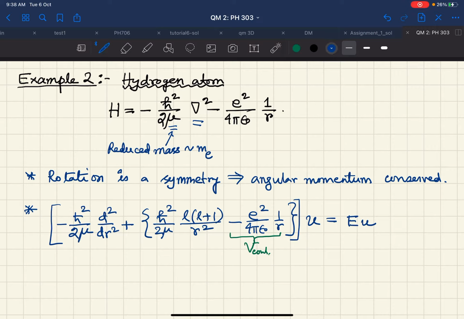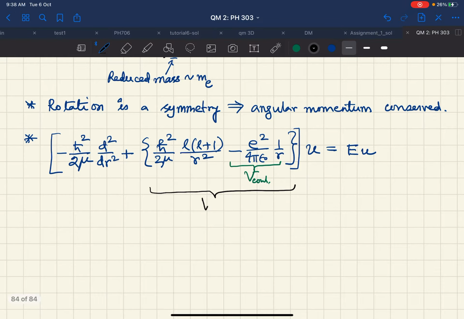And you note that this whole thing, as we called in our earlier course, is nothing but my effective potential. Therefore, we note that for the states in which there is non-zero angular momentum, the binding must be weaker because there is this extra term in the effective potential.